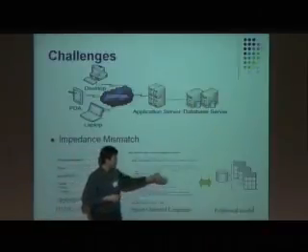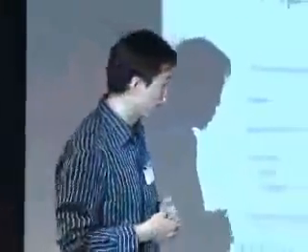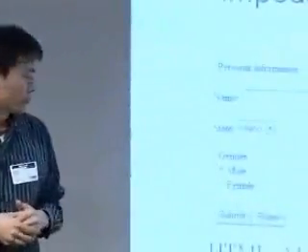For example, at the back end, you have entity relationship models, relational tables, or SQL to manage your business data persistently. Then at the middle layer, you have an object-oriented programming language like Java or Ruby to develop application logic. And at the front end, you have HTML and JavaScript, which are totally different programming languages.